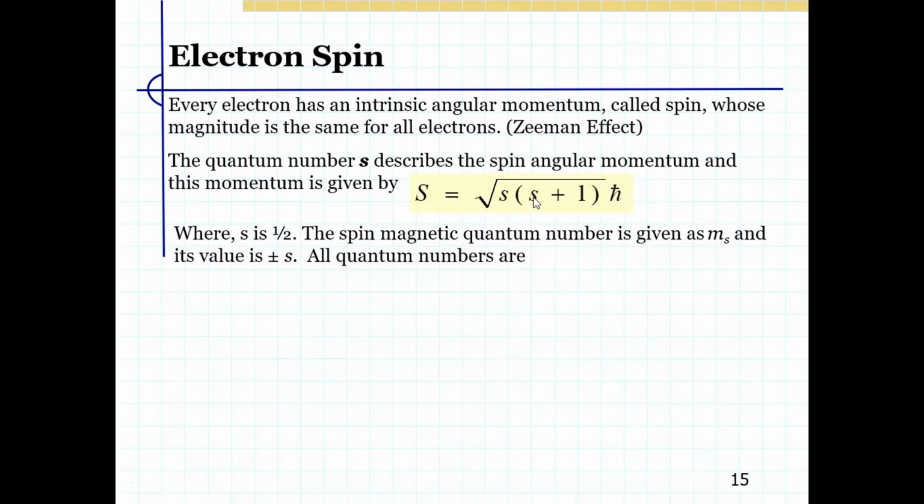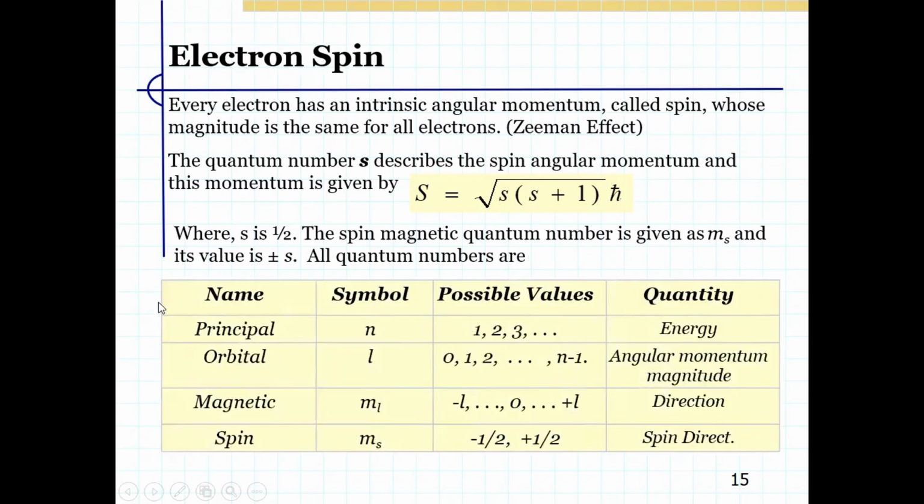Now, this s can have only one possible choice, half. The spin magnitude quantum number is given by ms, and its value is plus minus s, that is plus minus half. Either the spin will be plus half or minus half.